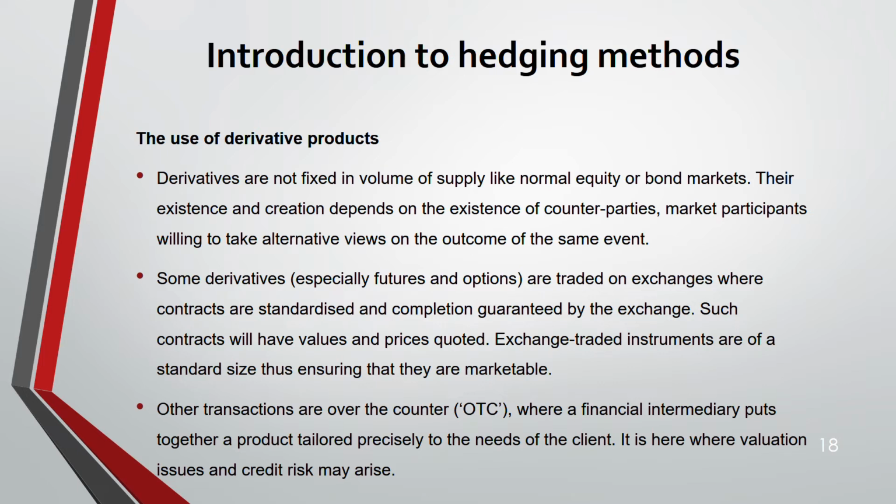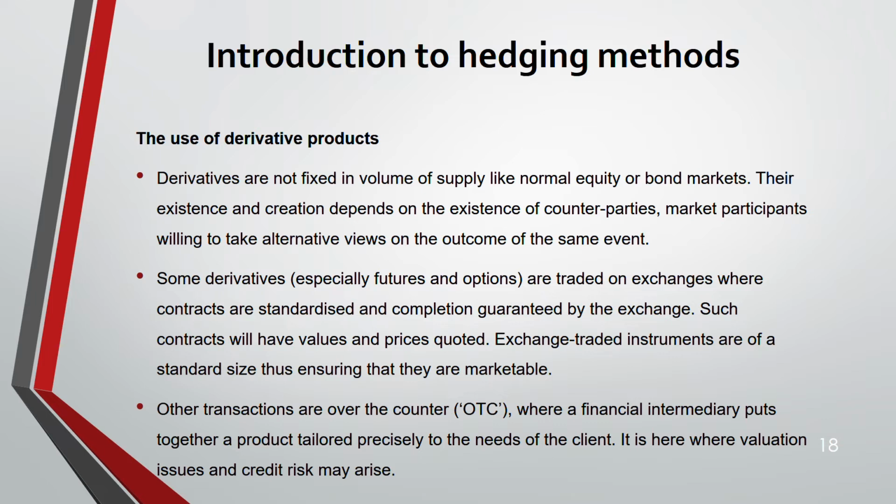A financial intermediary, that means a bank, comes and gives you this. They customize it for you. Let's say you want to hedge 1,039,000. You can get exactly that 1,039,000 contract for yourself through the bank. That is known as an over the counter, OTC, contract.